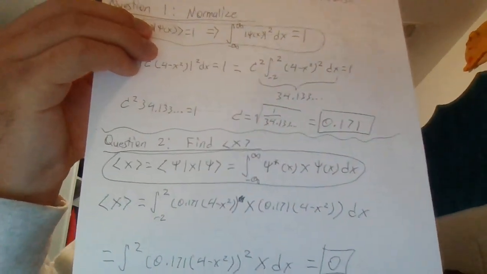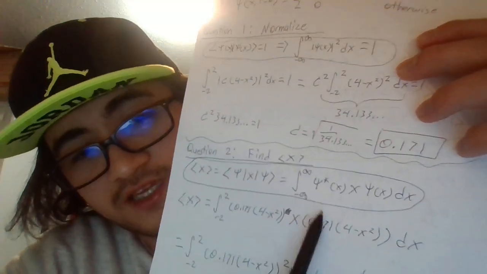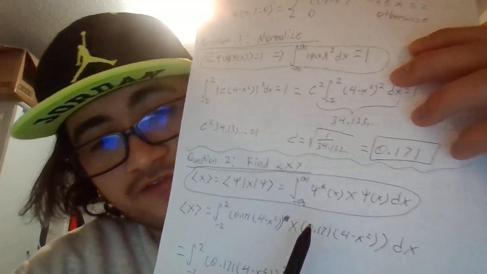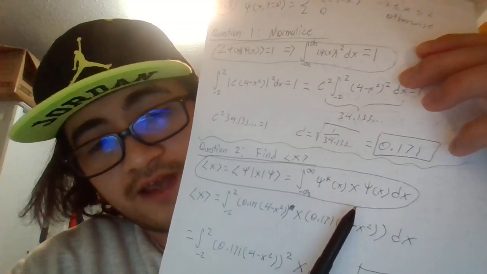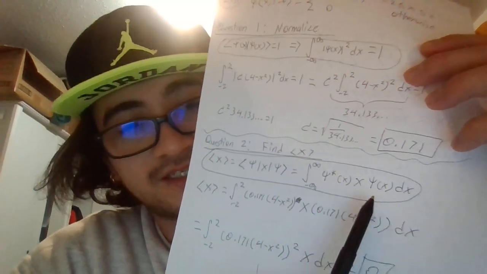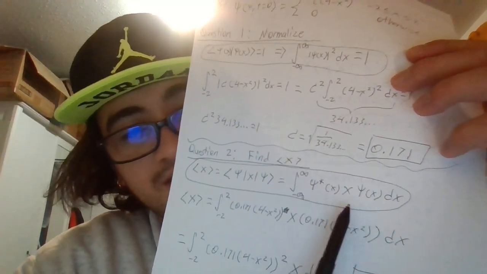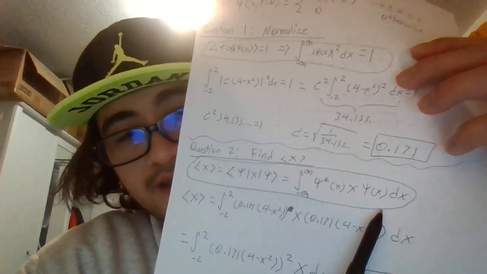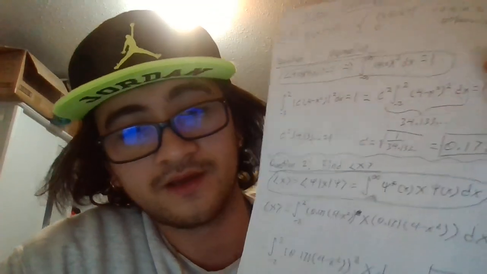To express that in wave function notation, we use the integral from -infinity to infinity again. You do pretty much the same thing, but put x in the middle. Remember it's the complex conjugate of the wave function on the left and the wave function on the right. In this case, that combines to be the wave function squared.